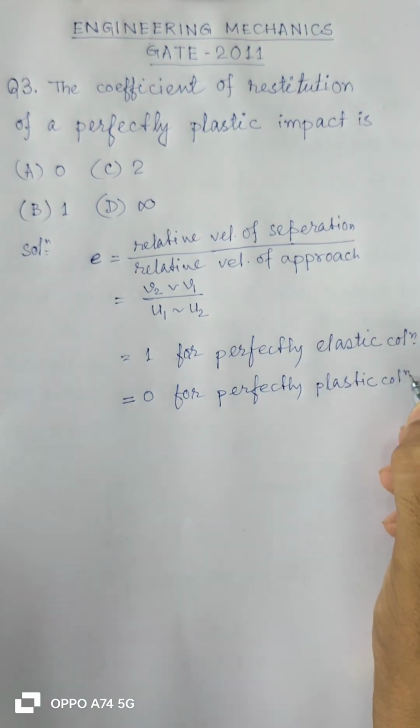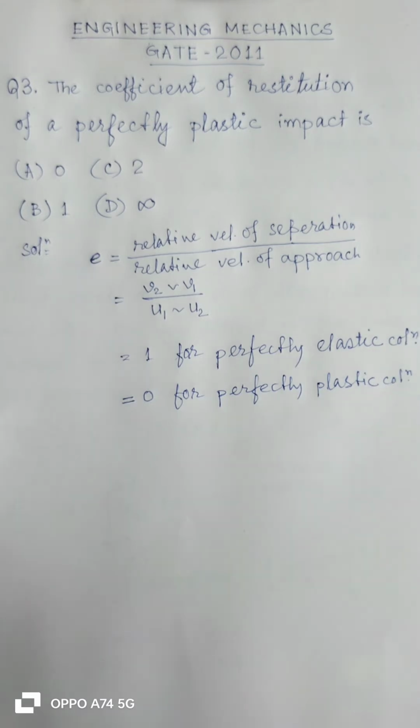Why? Because in case of perfectly plastic collision, the relative velocity of separation is 0, because for plastic collision the two bodies are a single moving body and a resting wall, suppose.